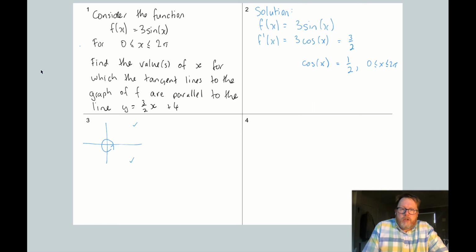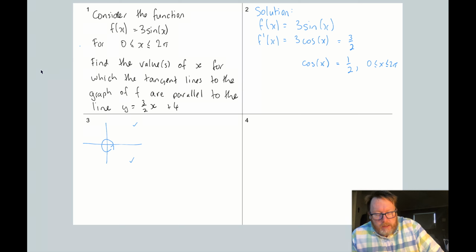So when does cosine of x equal 1 half? Let's have a look at the angle. There's a few ways we can work this out, but we can draw this kind of thing in where we've got a length of 1 here and a length of a half here. And this is our reference angle x hat.